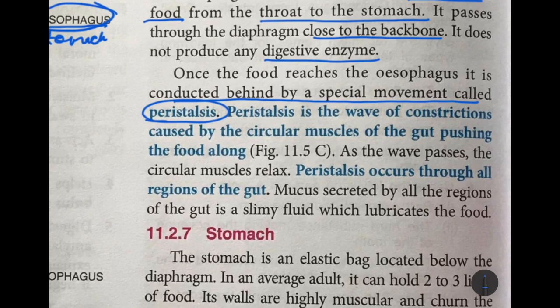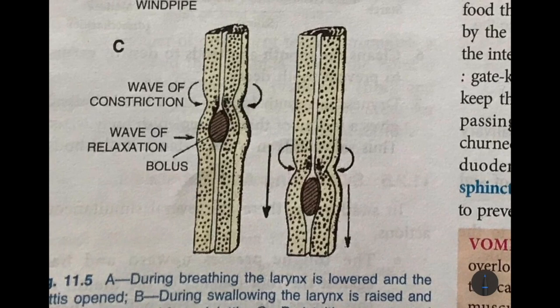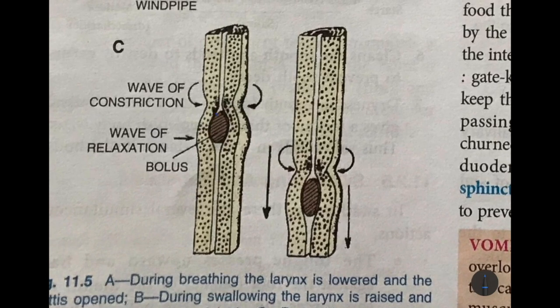To define peristalsis, it is a wave of constrictions caused by the circular muscles of the gut pushing the food along. So what happens is, this is the food, so this part will relax, and again when this food moves down, this part will relax, and again this will come back to its normal.